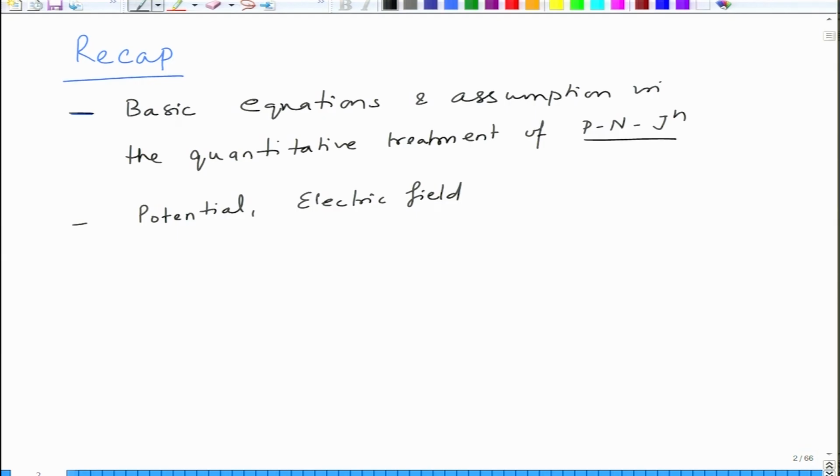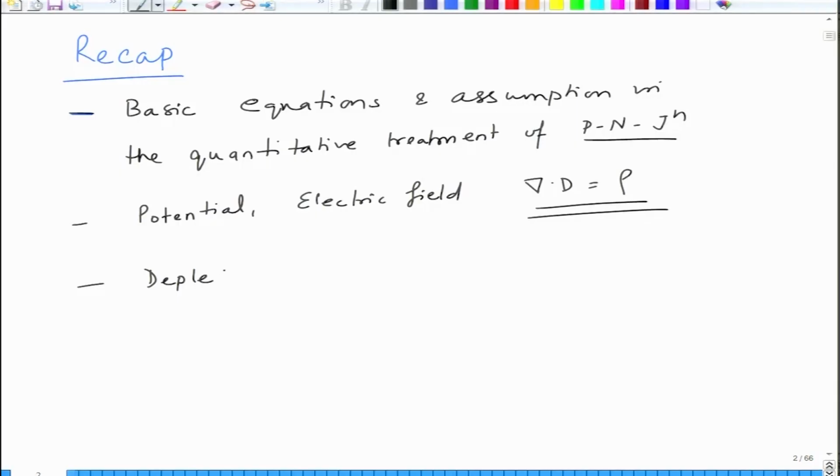One thing you have to remember is that electric field and potential are both continuous because the bands are continuous. They are not discontinuous at the junction and the interfaces. From those and Poisson's equation, which is del dot D equal to rho, we determined the electric field, then the potential, and then estimated the depletion region width.